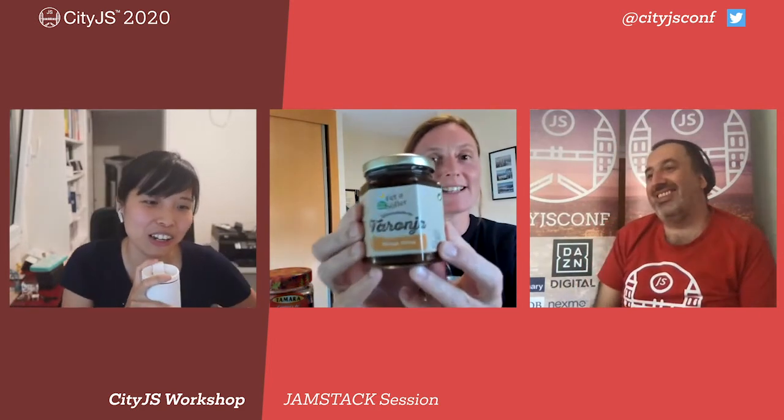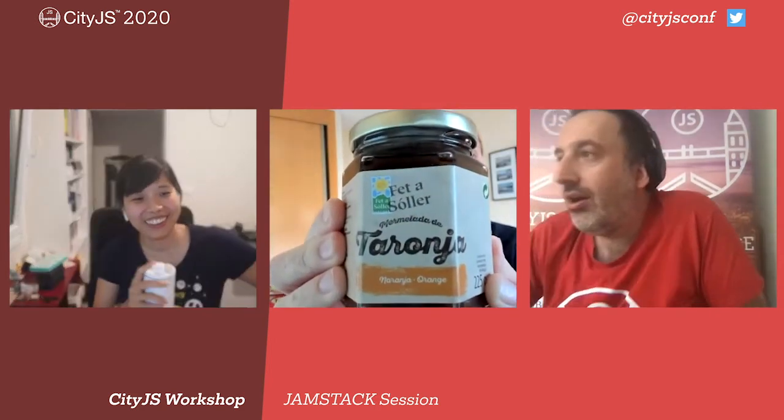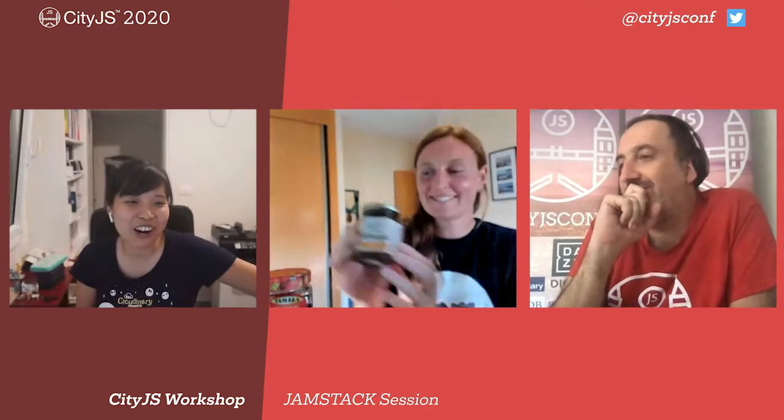I think Aris will love this one better than the traffic jam in London. This is jam from Mallorca. Oh my god! I hate orange jam. No, it's tasty, it's not marmalade. It's jam. It's really nice. I never understand why people like marmalade. No, this is jam, this is incredible. Maya is going to bring hummus, and I'm going to bring orange jam to the next CityJS live.